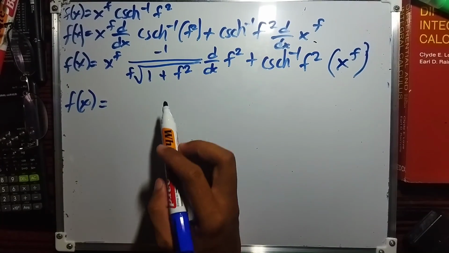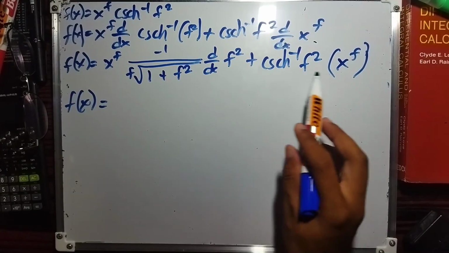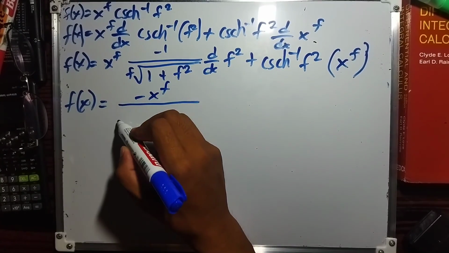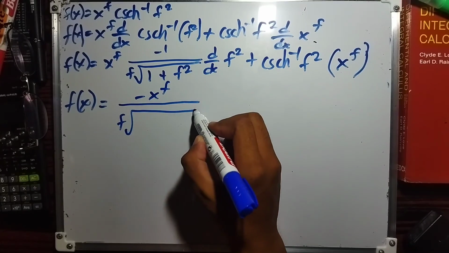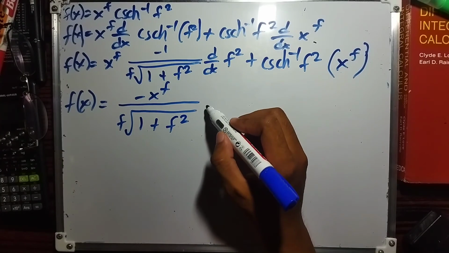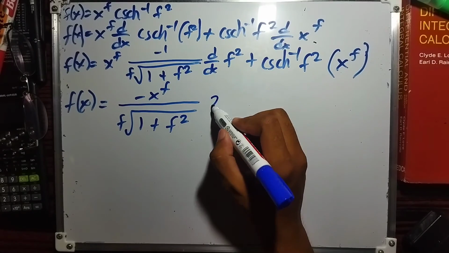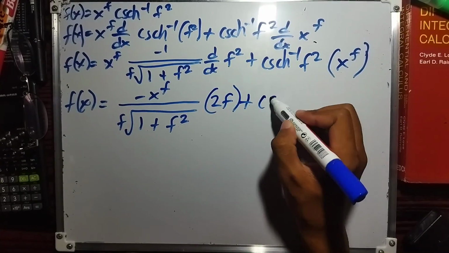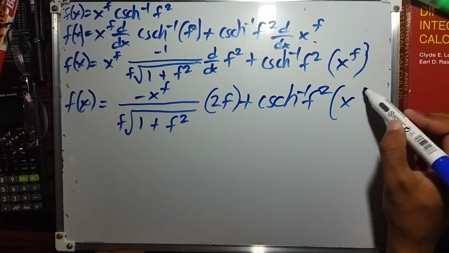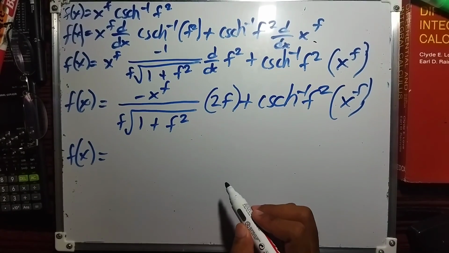Next is to simplify this given here. So it would become negative x to the power of t divided by t times the square root of 1 plus t squared, times the derivative of t squared, which is 2t, plus csch negative 1 of t squared, copy x^t. Next is to simplify it all and arrange the terms.